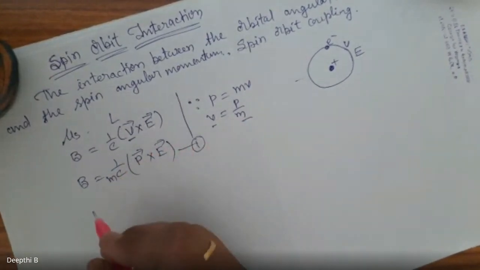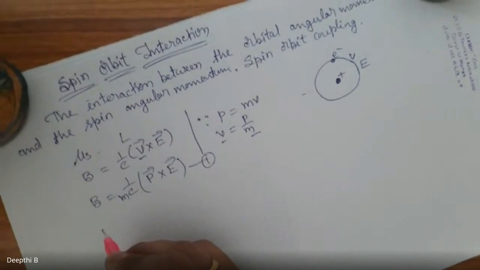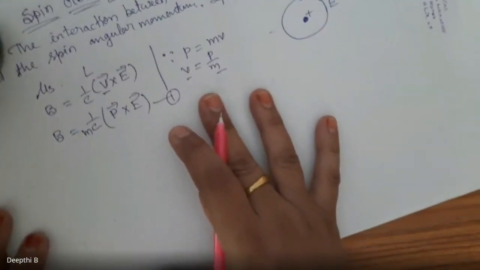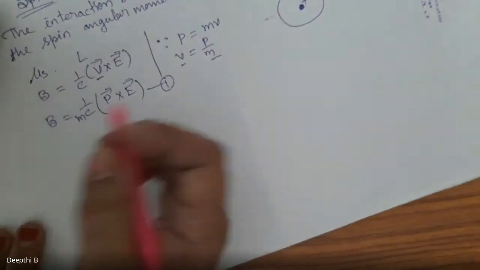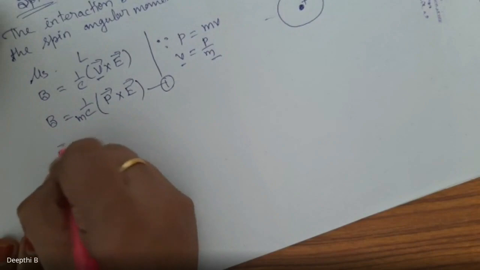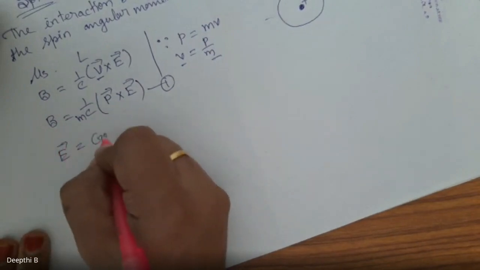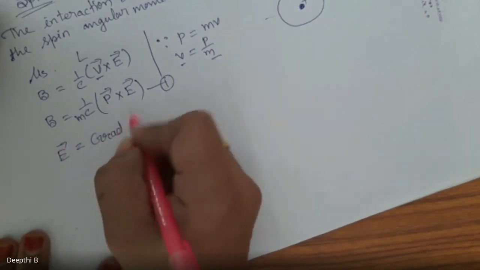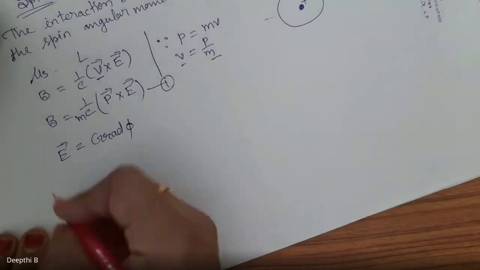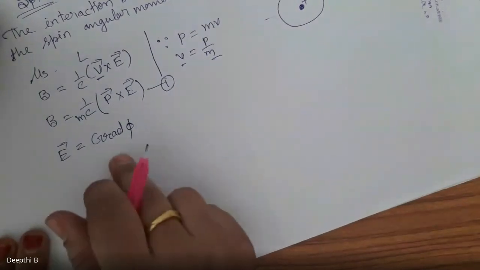Now, for the hydrogen atom, what is the electric field E? We all know that it is in your degree also.